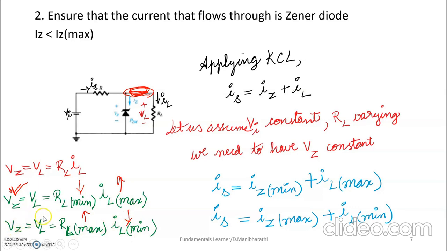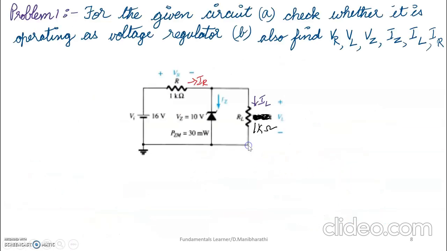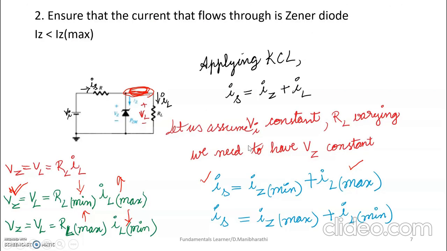Okay. Right. Now you observe the Kirchhoff current law. I said that VI is constant. When VI is constant, I have assumed also the Zener diode is operating in on state. So VZ is constant. Thereby, this IS is also constant. So when IS is constant, when load current is maximum, Zener current should be minimum.